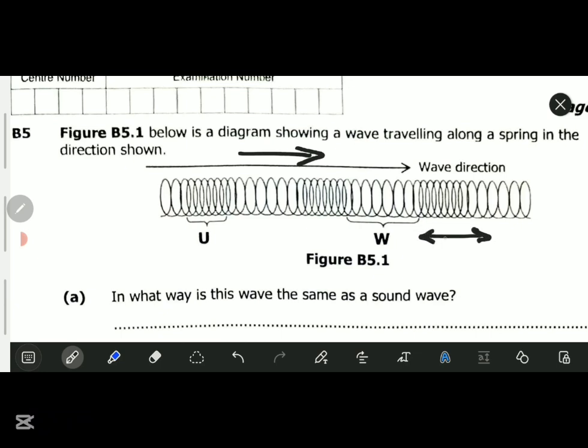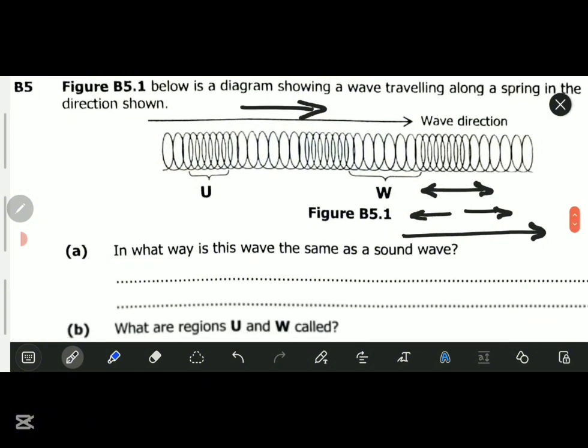So they go in this direction, then again they move in that direction. So the particle is moving like this while the wave moves forward. We can see that the movement of the particles is parallel to the movement of the wave, and any wave whose particle movement is parallel to the movement of the wave itself is a longitudinal wave.